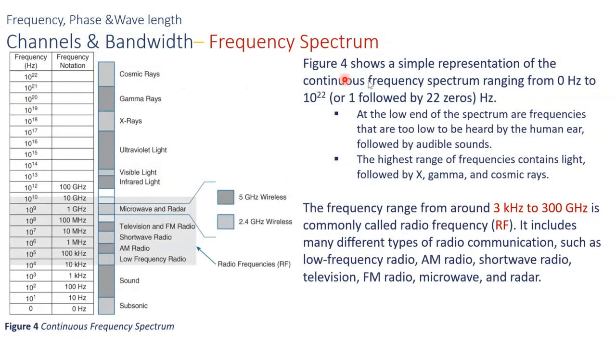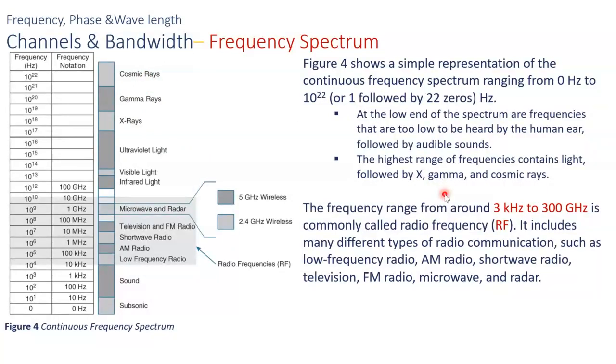So this figure shows a simple representation of the continuous frequency spectrum ranging from 0 to 10 power 22. At the low end are subsonic frequencies, which are too low to be heard by the human ear, followed by audible sounds, usually from 20 hertz to 20 kilohertz. The highest range of frequencies contain light, ultraviolet light, followed by X-rays, followed by gamma and cosmic rays.